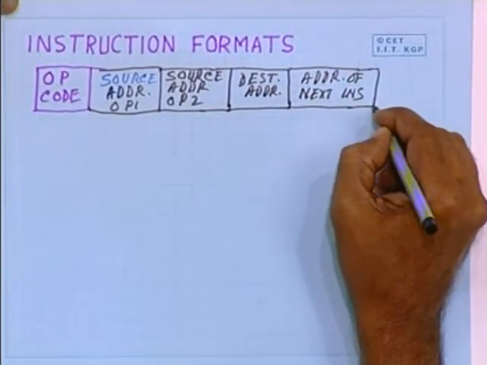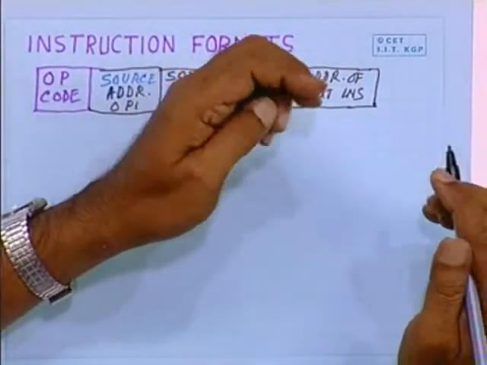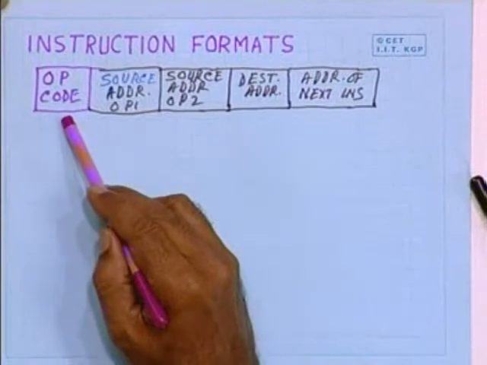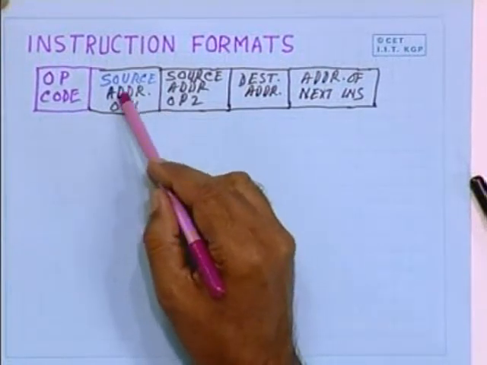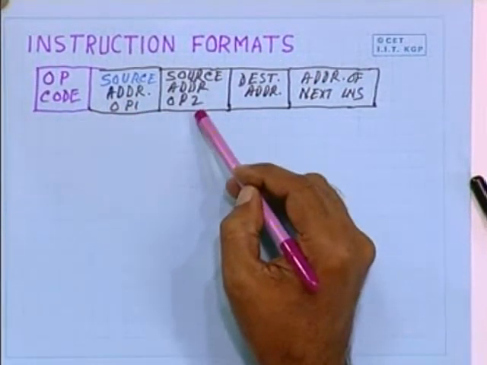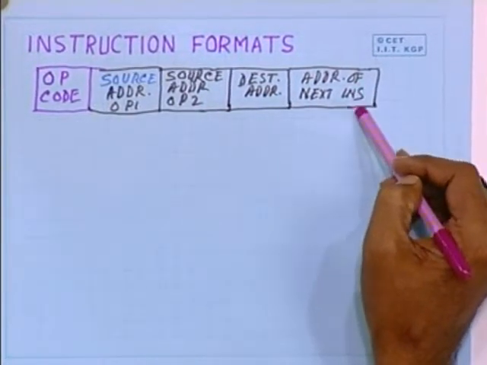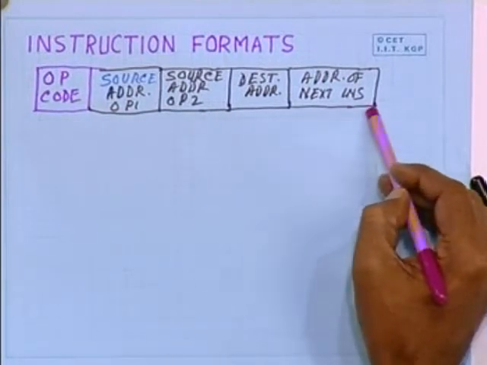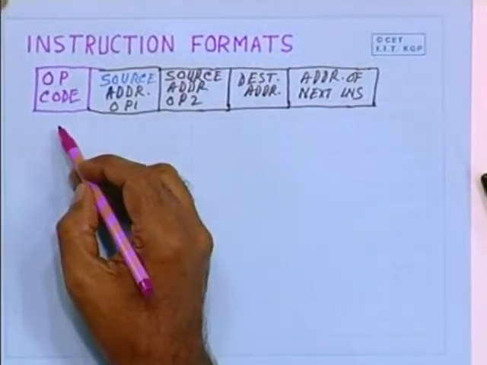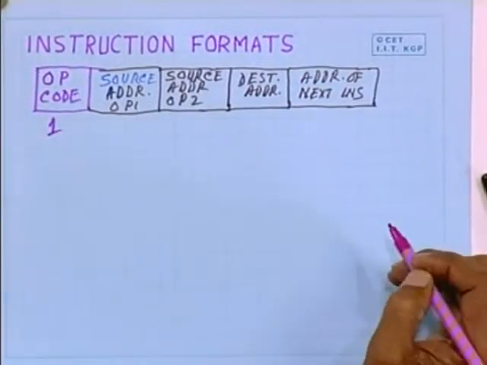Now, if you want to provide all this information, opcode, source address of operand 1, source address of operand 2, destination address, and address of the next instruction, particularly these addresses in an explicit manner, the instruction size will be quite big. Let's assume the opcode size is 1 byte.